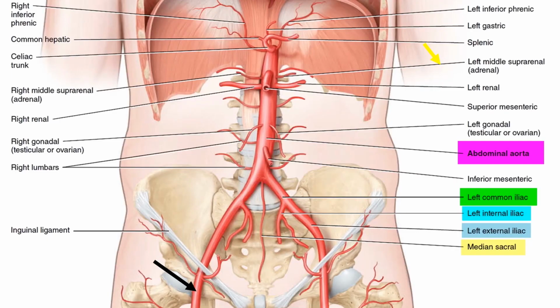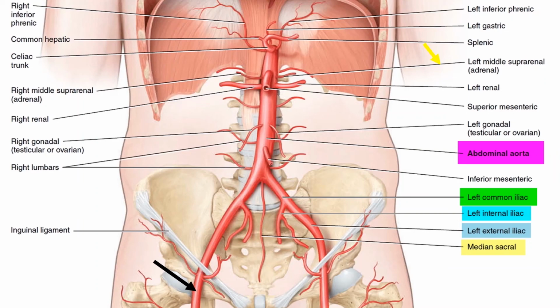This is an anterior view of the abdominal aorta as it comes into the abdomen under the cover of the median arcuate ligament of the diaphragm, something we have seen before.